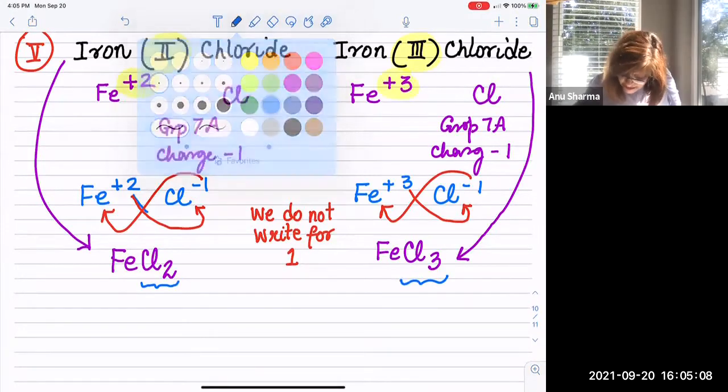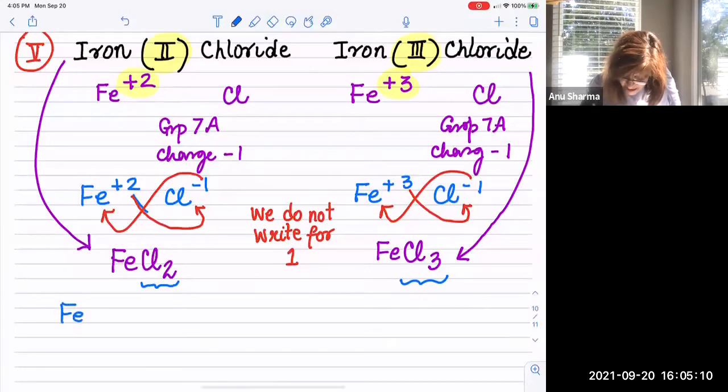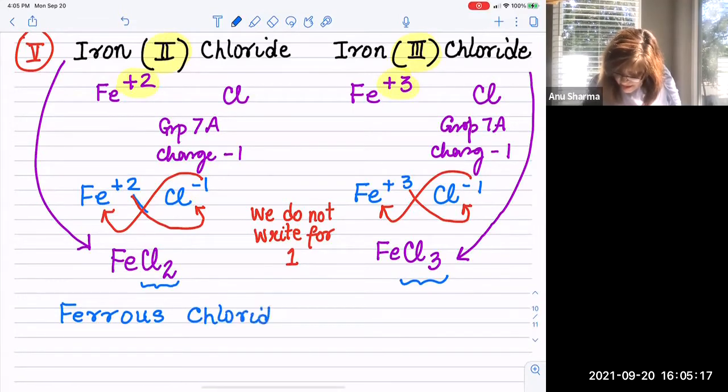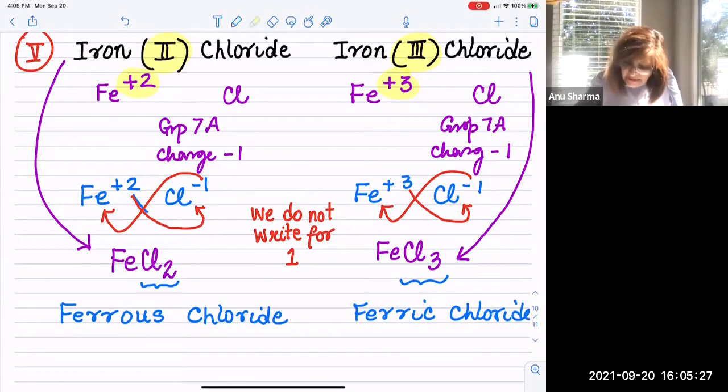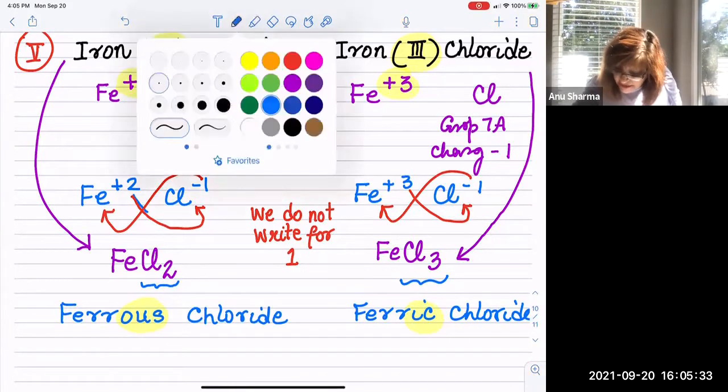So this becomes ferrous chloride. And the other one is ferric chloride. Okay. So ferrous relates to the lower oxidation state. Ic relates to a higher oxidation state.